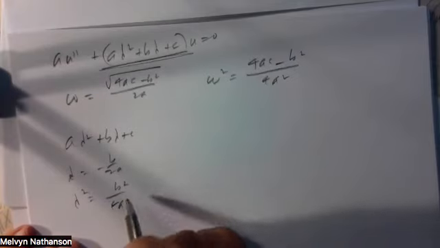Actually, let me look at this. A lambda squared plus B lambda plus C, where lambda is minus B over 2A, so lambda squared is B squared over 4A squared.